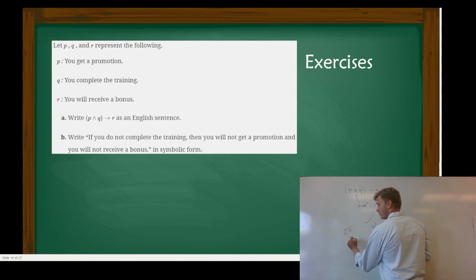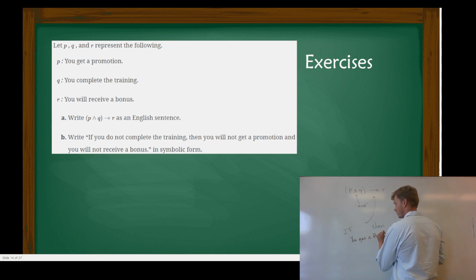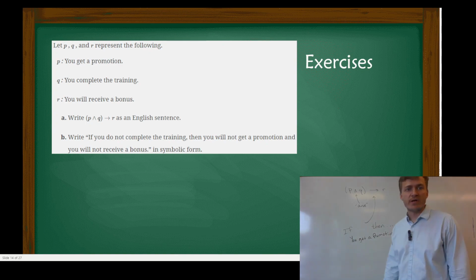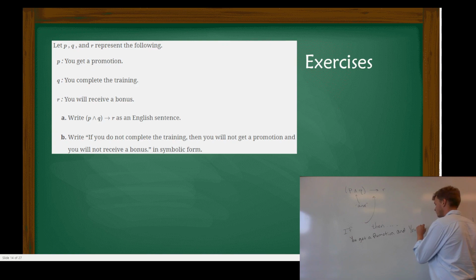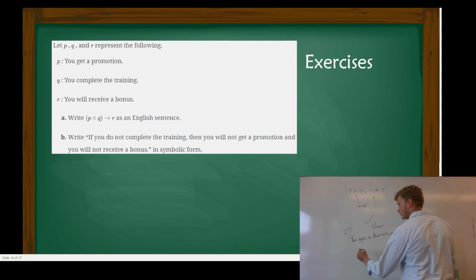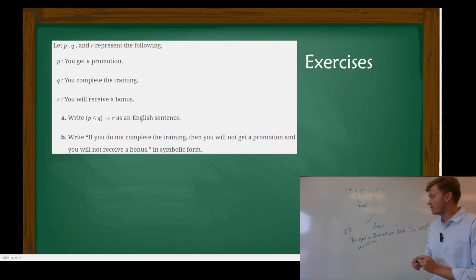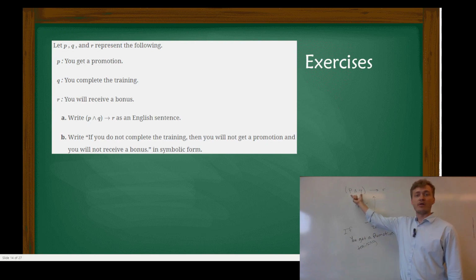If you get a promotion, and what is our Q part here? In Q, you complete the training. Right, so right here, you get a promotion and you complete the training. I wrote that part.